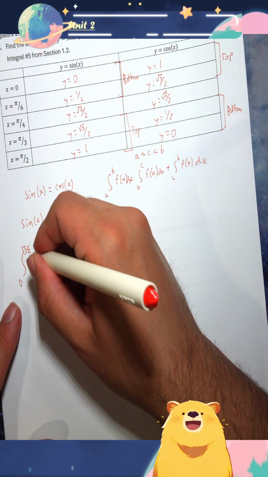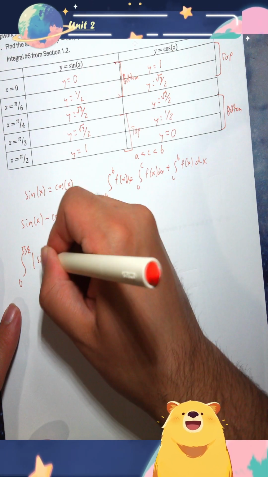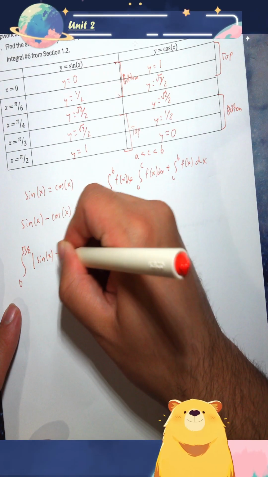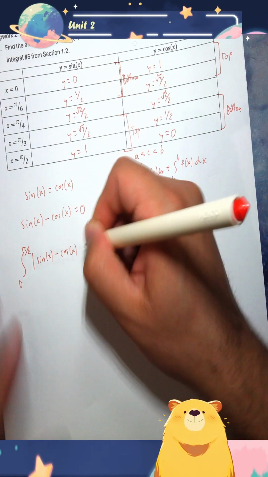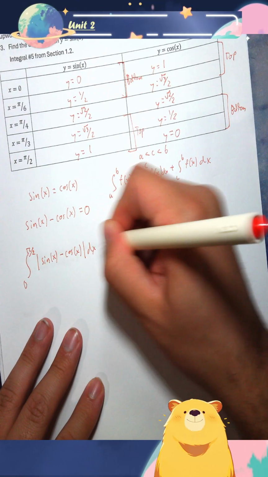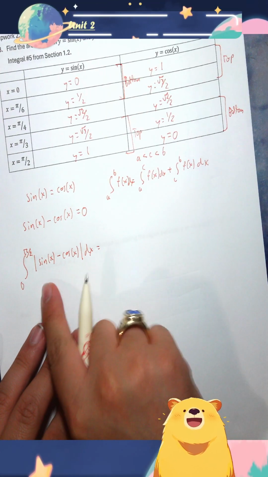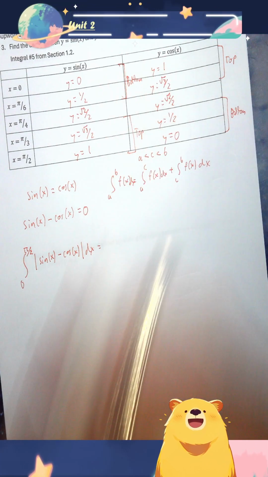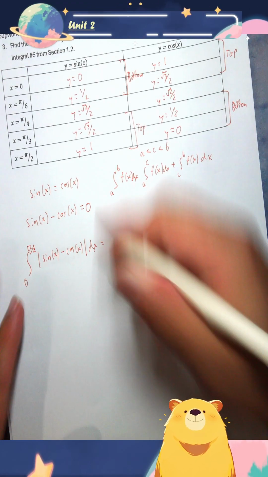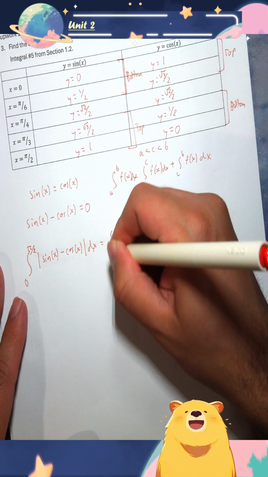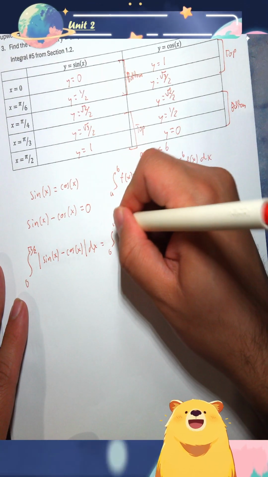So I'm just going to write it as an absolute value, sine of x minus cosine of x. But in reality, we can split this up and make it to where one is on the top and one is on the bottom. So I'm going to split them up at the point pi over 4.